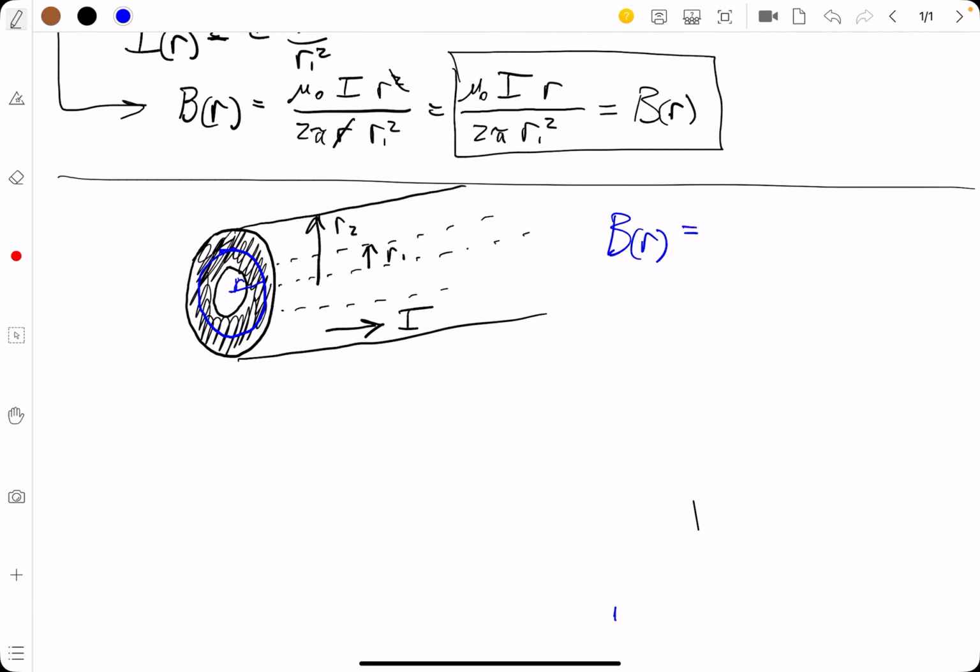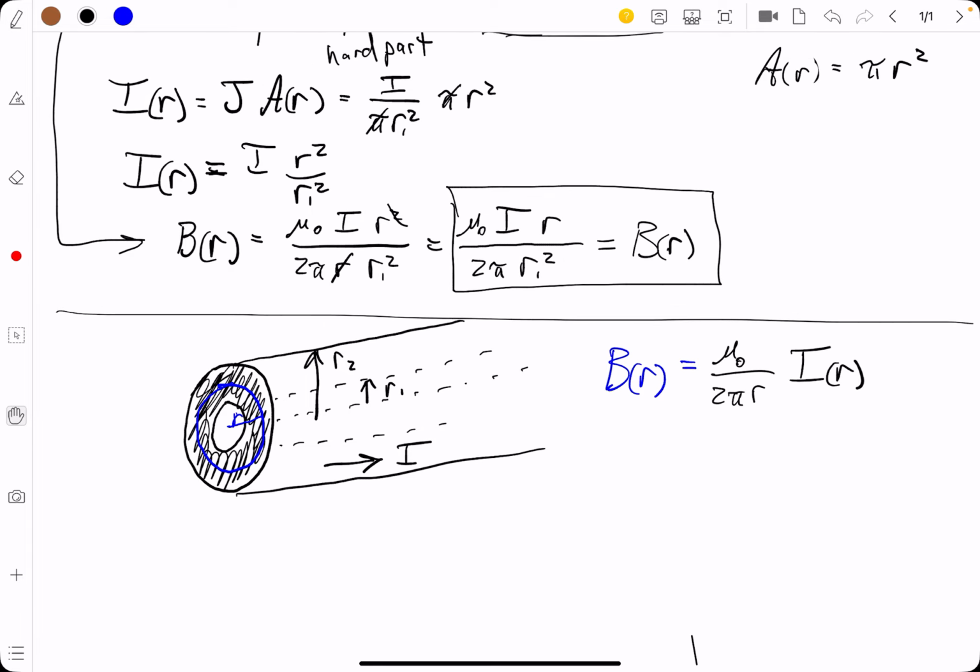All right. Well, it's the same answer as before. B of r is equal to mu naught over 2 pi r times I of r. So again, the hard part is figuring out what I of r is.